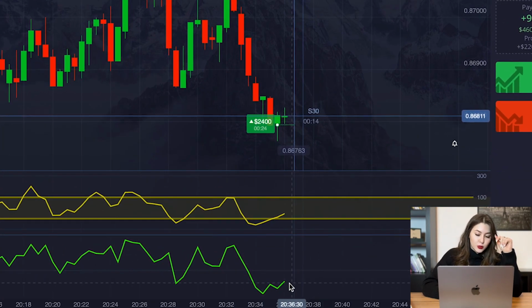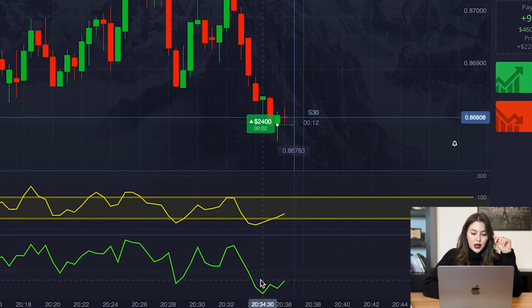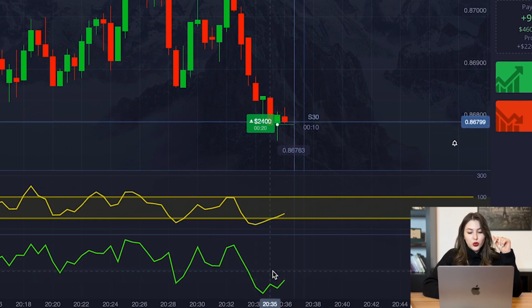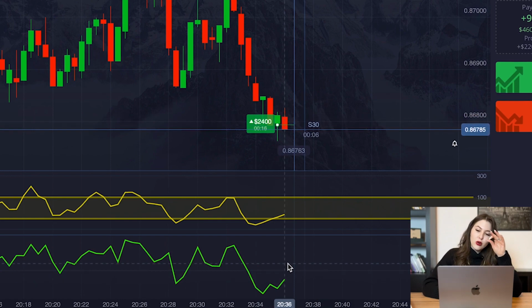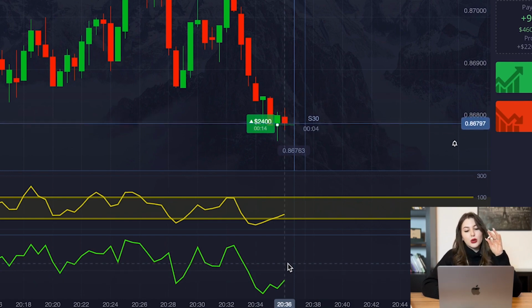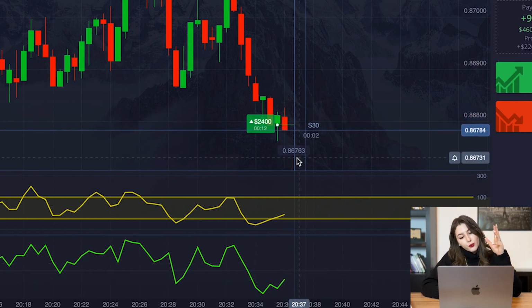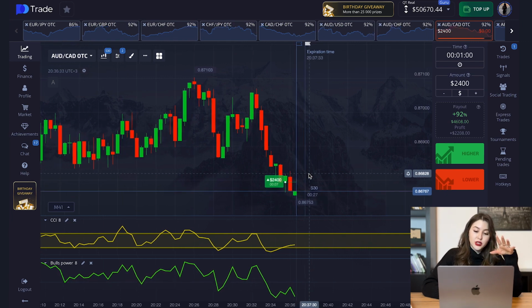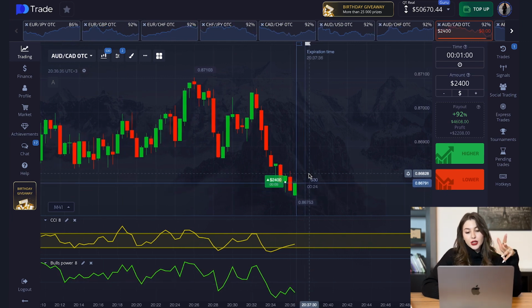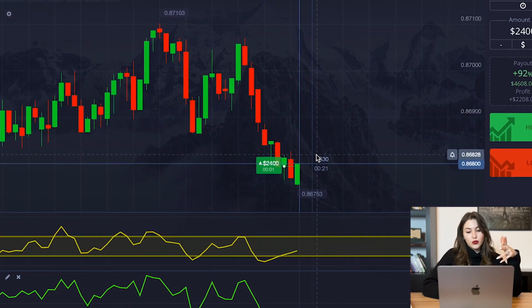Also on the Bull's Power we can see the breaking lines, so it's showing us that we're gonna work higher, but statistically and very slowly and not very confidently, because the market is very moody today, as you can see, and it's very difficult to understand what's happening. As you can see, just in a few seconds it's changing the point of the positions.